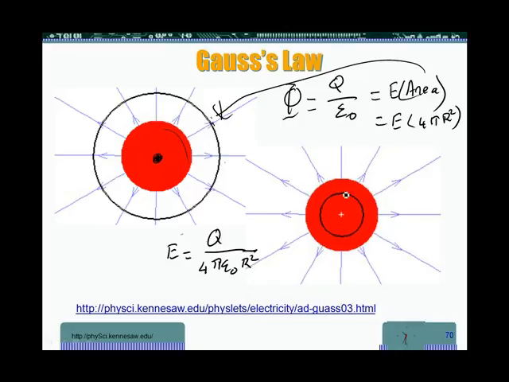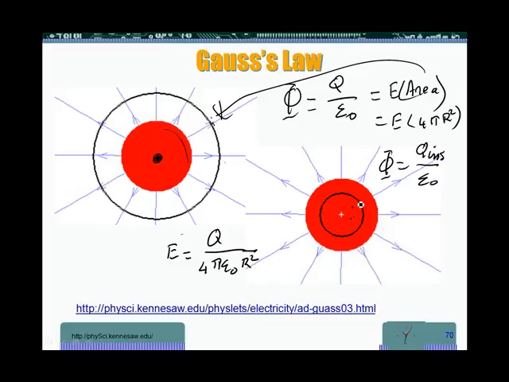Now, if we do our imaginary area inside the sphere, like in this case, now here we are not going to have the full charge of the sphere. We are going to have a portion of it. So in this case, the flux is going to be Q inside, so that portion of the charge inside, over epsilon 0, not the full Q. The rest of the expression is the same.